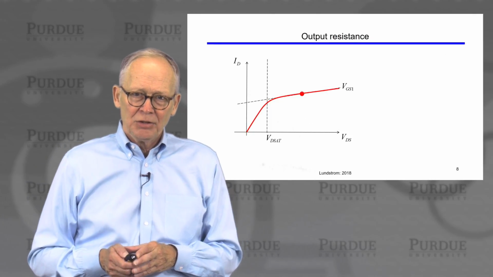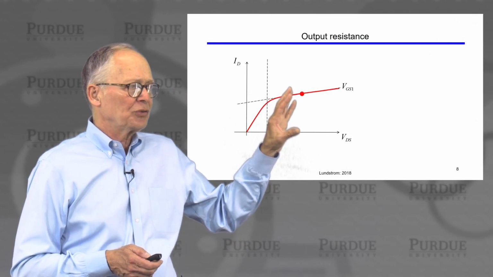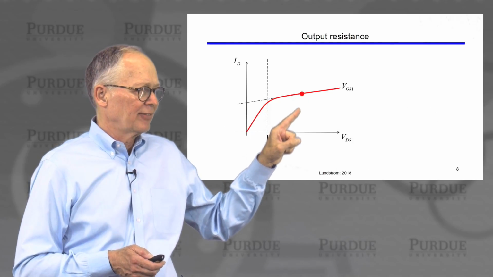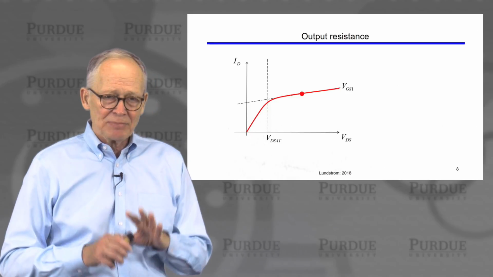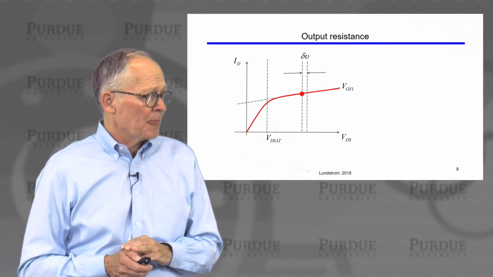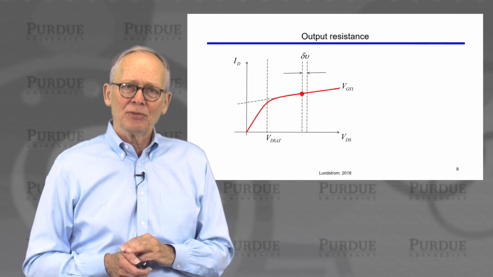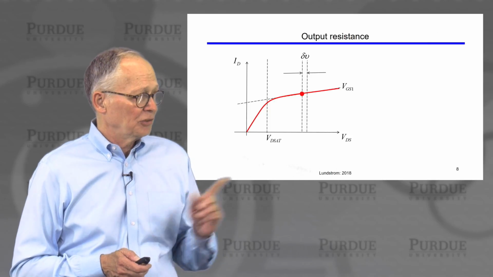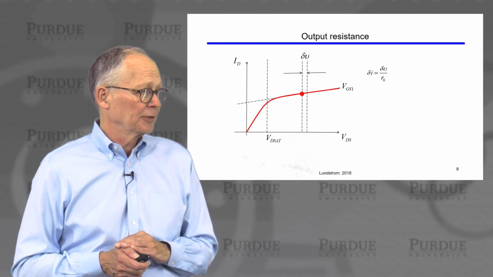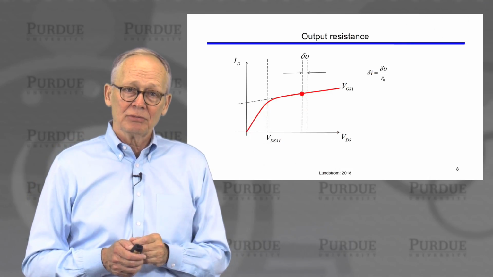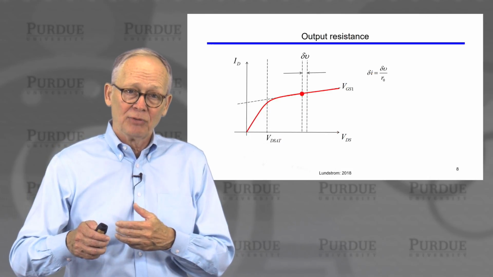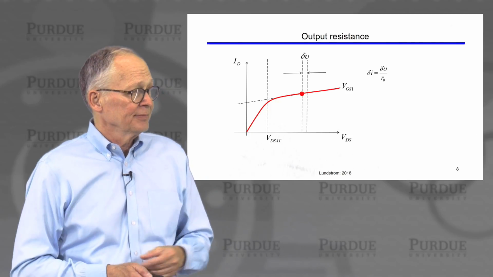Okay. Well, if I also look at this IV characteristic, and if I'm biased at a particular voltage between the drain and the source, I'm not going to change the gate voltage now. But if I change the drain voltage by a little bit, you can see that I'm going to get a little bit more current. The amount of current that I get will be proportional to the increment in voltage between the drain and the source.